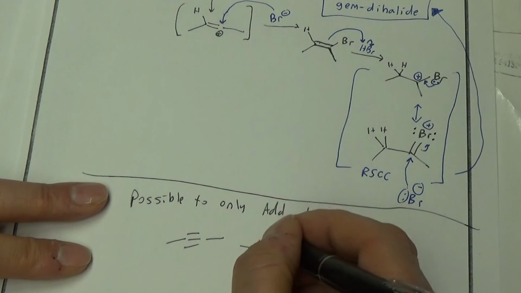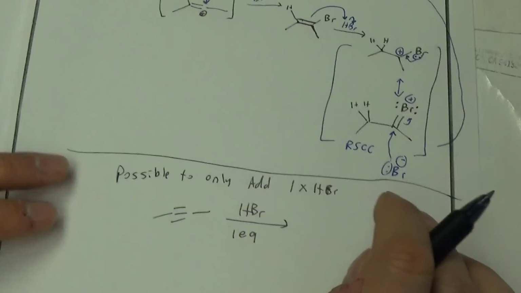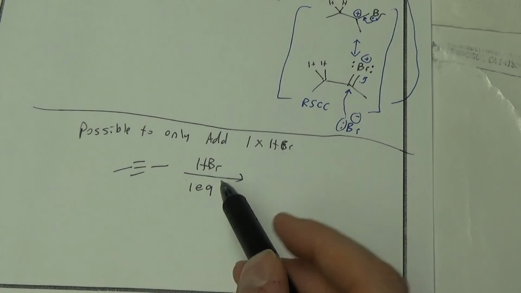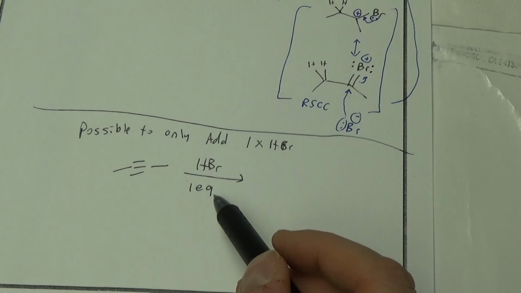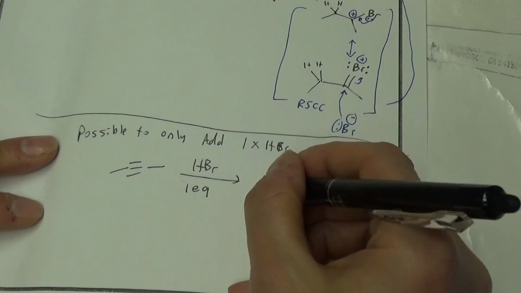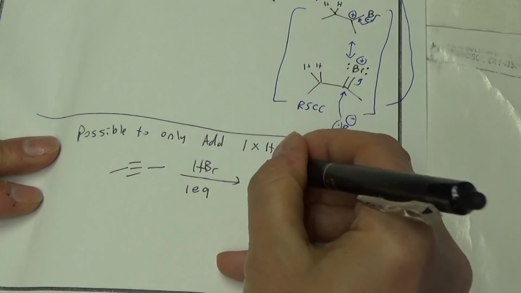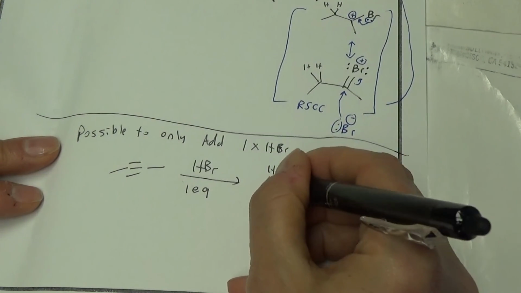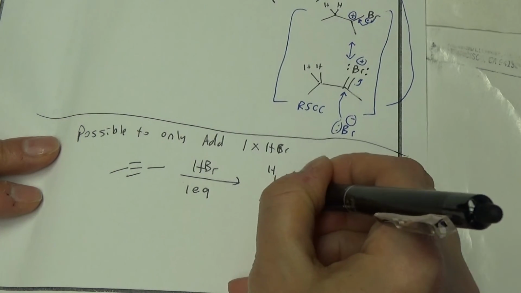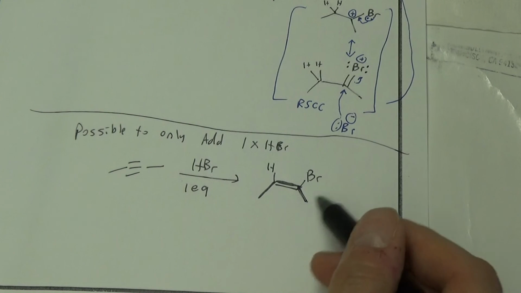So if we had HBr, I say 1 EQ. What does that mean? 1 EQ. It basically means one molecule this, one molecule that. One molecular equivalent. And you will totally make this. Interestingly, you might get a mixture of stereoisomers.